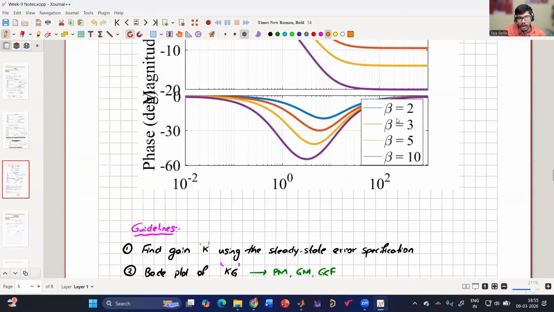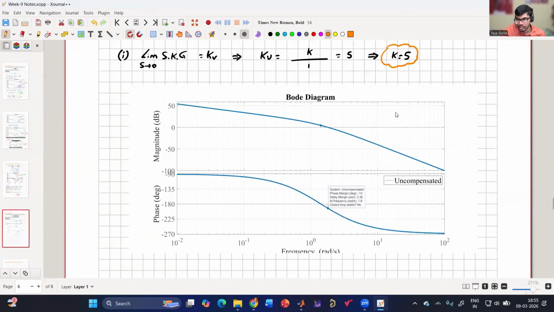So this is my uncompensated plant. Whatever I have, sorry, it is starting from 0 and then it is settling at a negative value, right? So what I will try to do is add this to my uncompensated plant. So effectively, I'll be getting something like this. So I'll be pushing my gain crossover frequency from this point to some point, right?